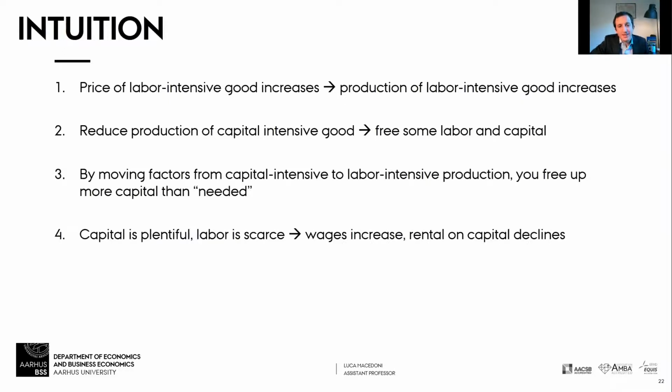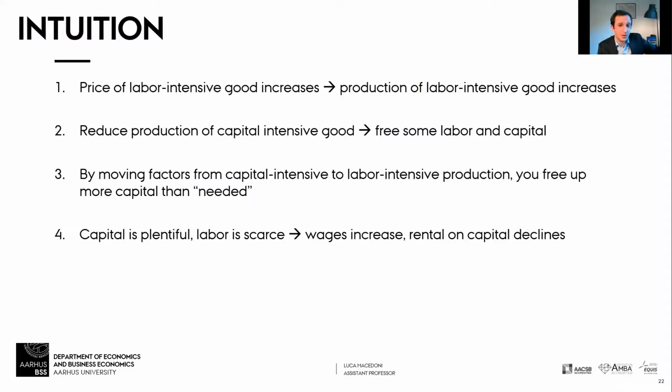What happens is that there's a lot of capital floating around that you don't really know what to do with, but you desperately need workers and there aren't as many of them. And so when you want to produce more of the labor-intensive good, you free up capital and labor, but you free up more capital than what you need. So capital is plentiful, its price will go down.